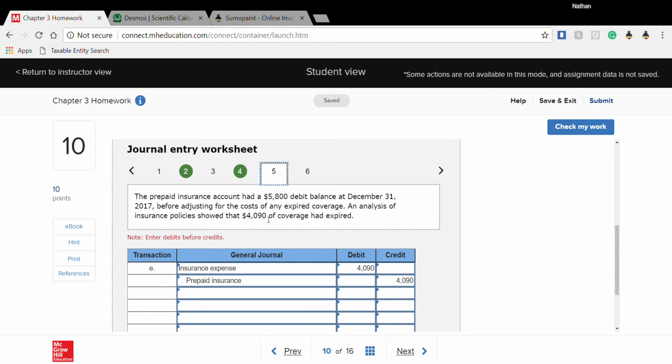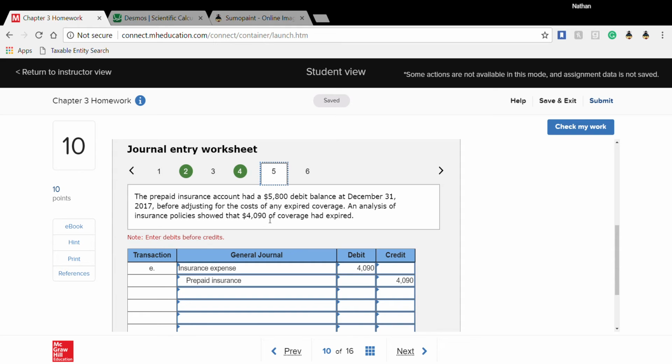Now, if I ask you how much is left in the account after the 4,090, that's not considered an adjusting entry. That's just telling me what the ending balance is. So I can take 5,800 minus 4,090, and that will be my ending balance.